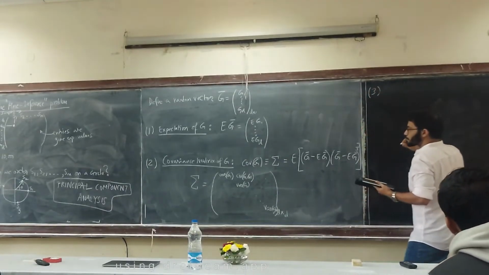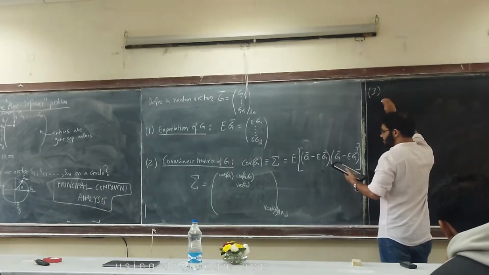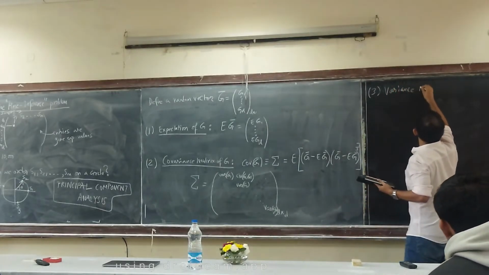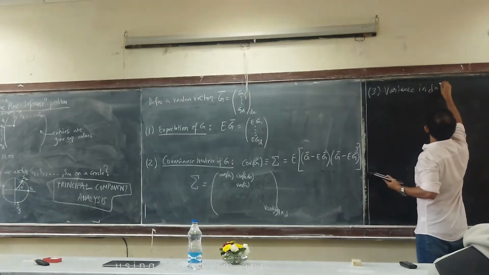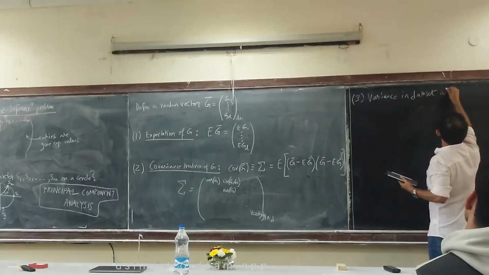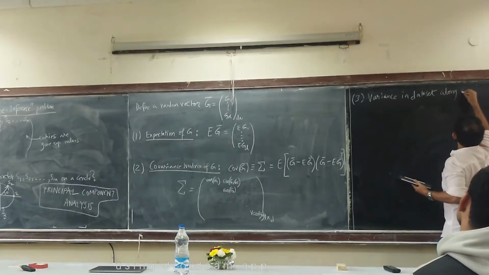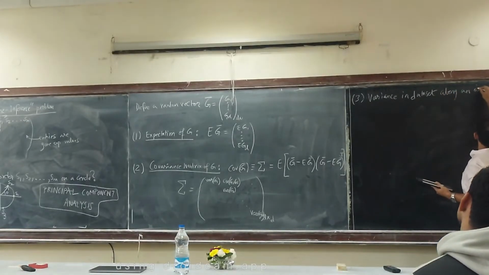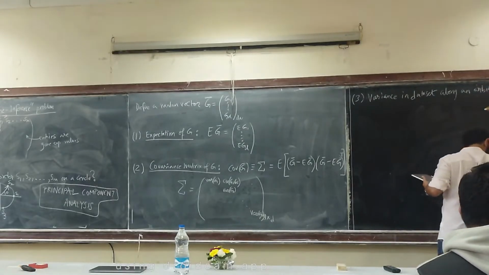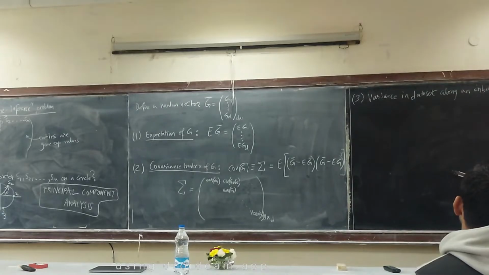So what we want to now write down is an expression for the variance in my data set along an arbitrary direction V. Okay?